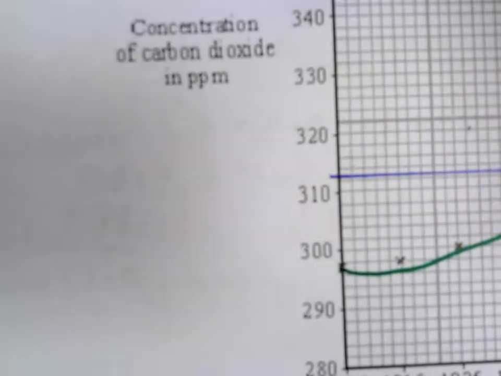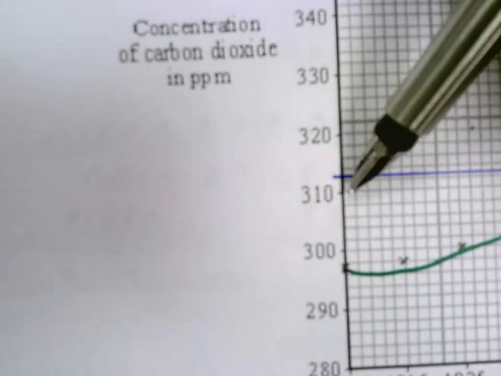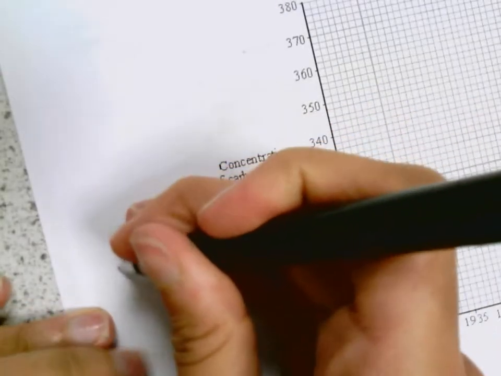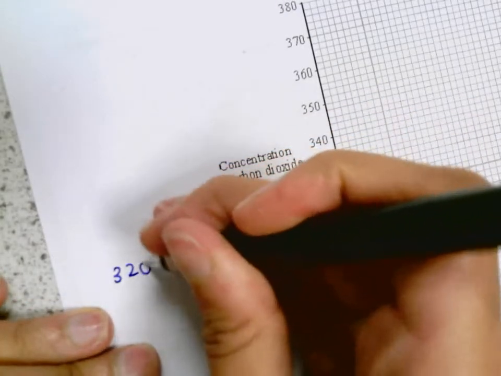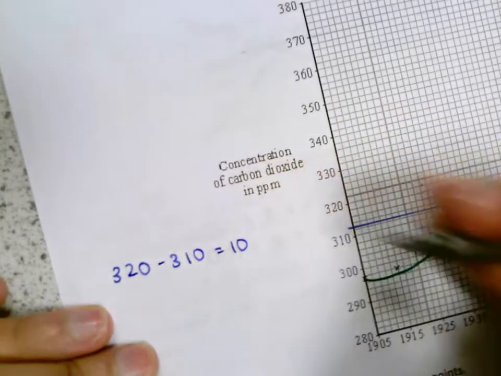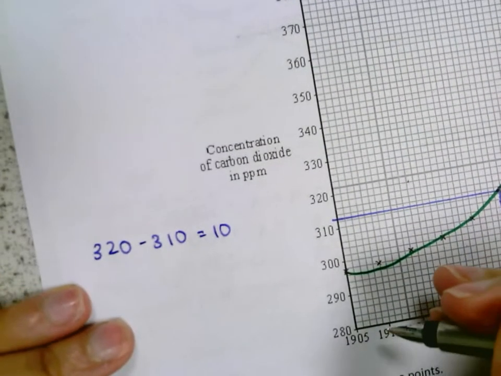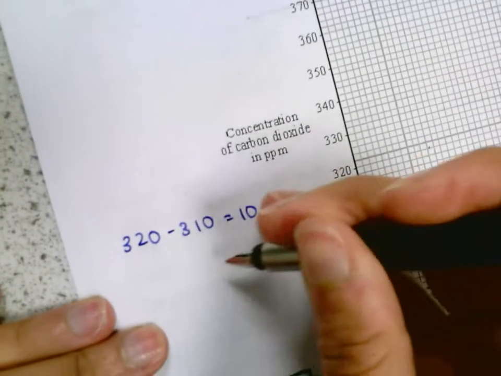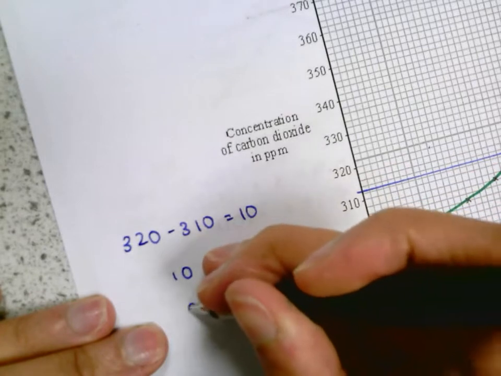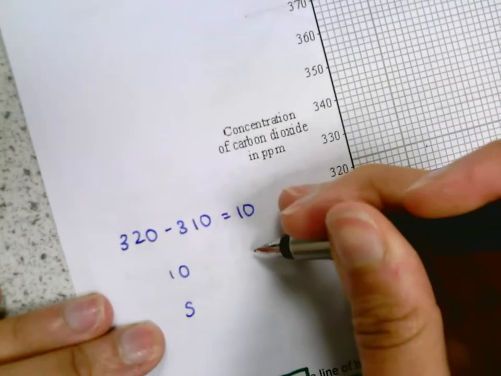To zoom in, you can see that between 310 and 320 there are 5 squares. So between 320 and 310 there's a difference of 10 for concentration, and there are 5 squares, so 10 is represented by 5 squares.